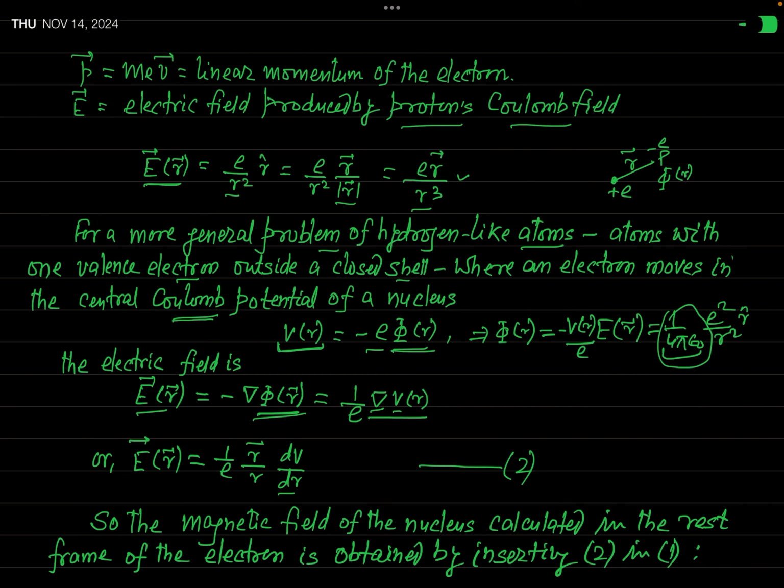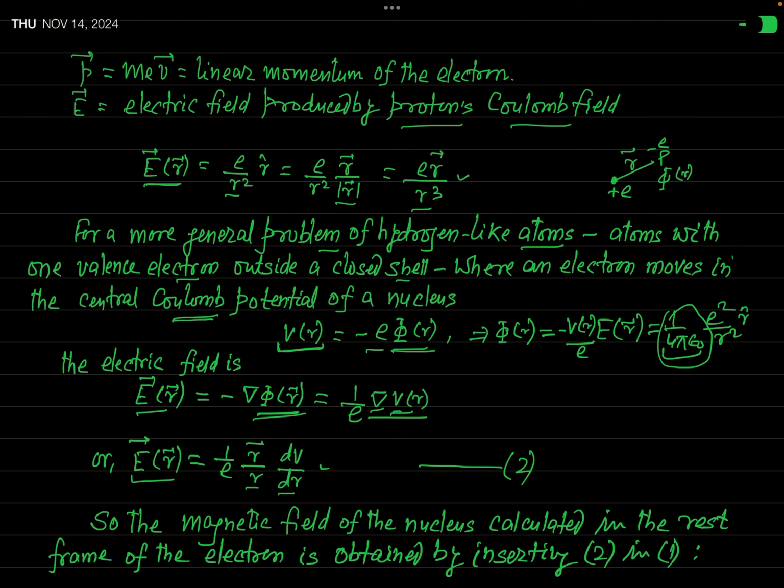Because the potential is central, V is not a function of theta and phi, and that's why you can write E of R equal to 1 over e, and the gradient gives r divided by r, the unit vector in the direction of r, times dV/dr.